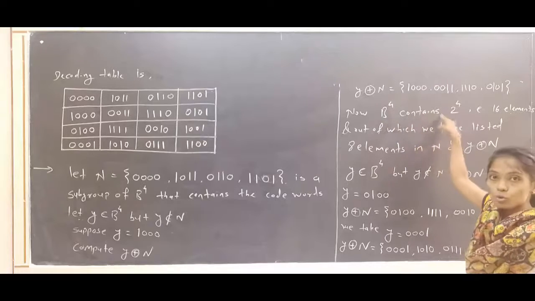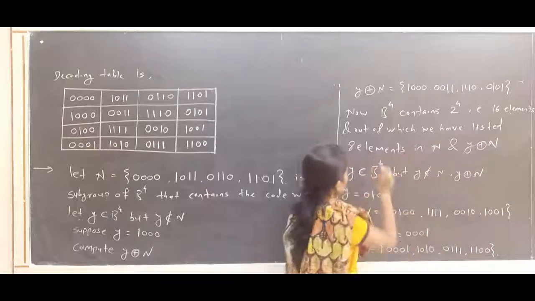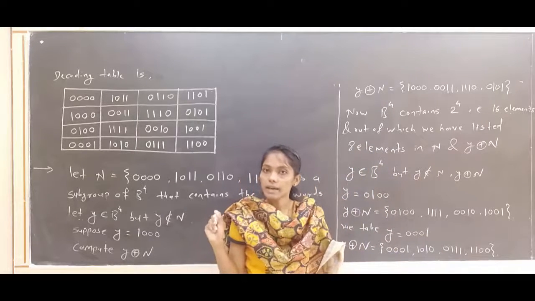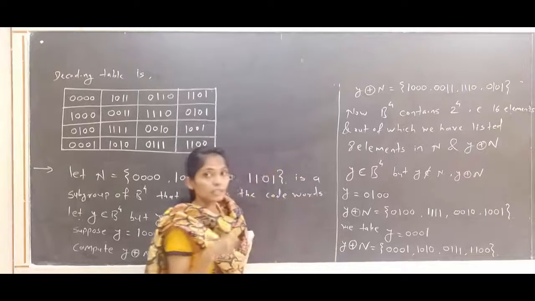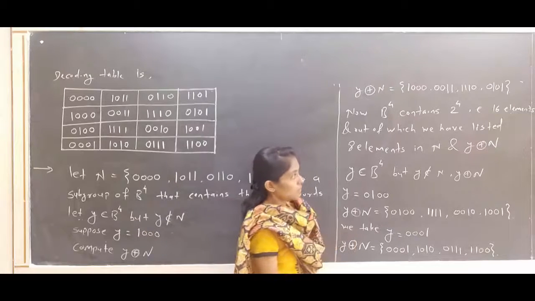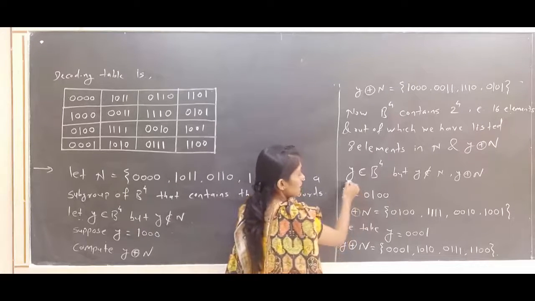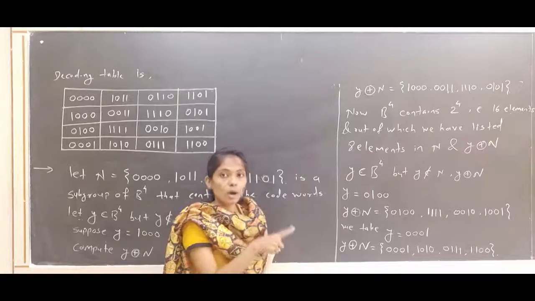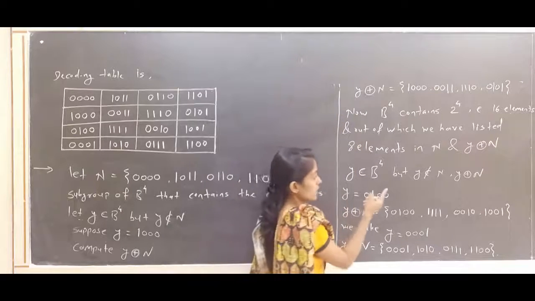Here B raised to 4 contains 2 raised to 4, that is 16 elements. Out of 16 elements, we already listed 8 elements. Now we want to find the new 8 elements. So again, for finding the remaining 8 elements, we take y which belongs to B raised to 4 but does not belong to these two cosets, and whose weight is minimum.